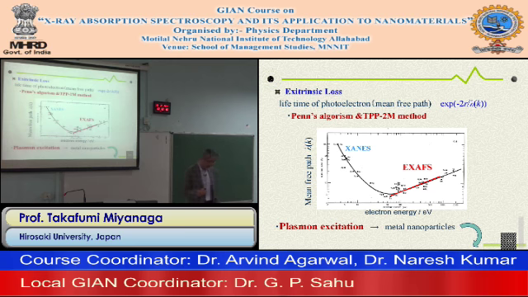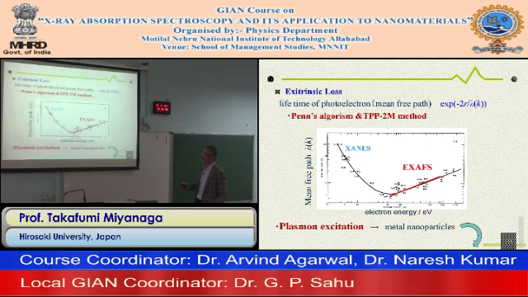We generally use the IXAS calculations, FEFF, which is incorporated into Athena and Artemis. The mean free paths are all automatically calculated from this algorithm. But this algorithm is based on the bulk state or infinite periodicity of atoms.